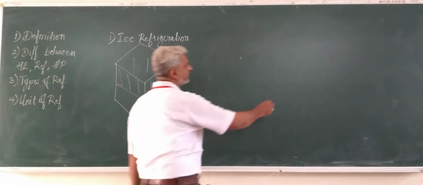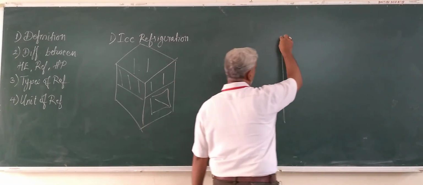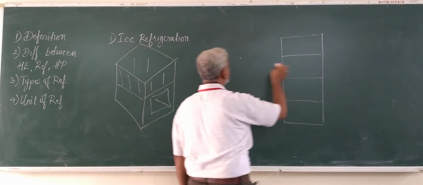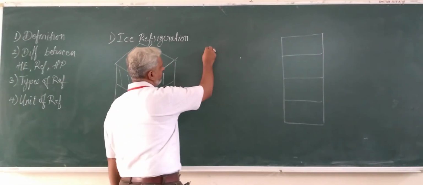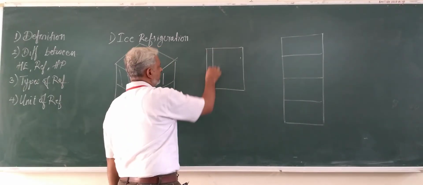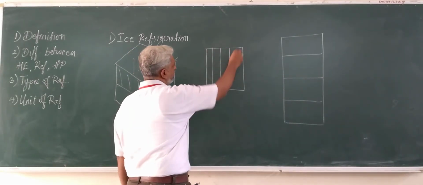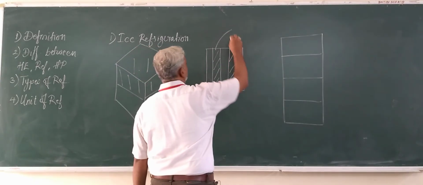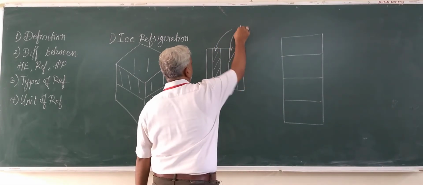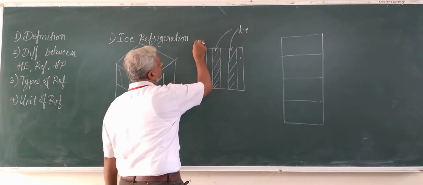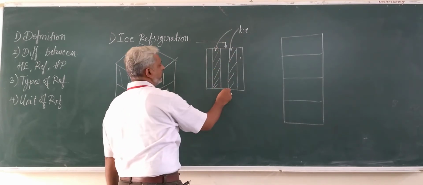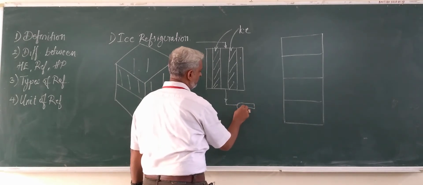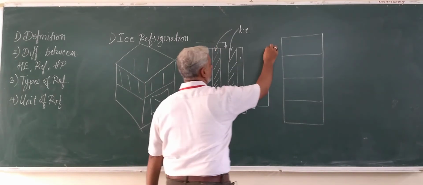Nowadays, for a large system, suppose you have 4 different compartments which have to be maintained at different temperatures, we can build a circuit using the ice refrigeration system. In this circuit, space is there for inserting ice. We put in ice over here and water is pumped. This water is removed with the use of a pump and circulated through this system.